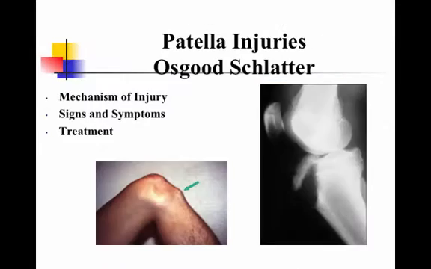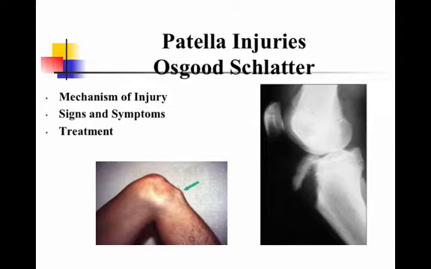Slide 39. Osgood-Schlatter disease is repeated minor avulsions of the patellar tendon where it attaches at the tibial tubercle. The growth plate is also located in this area. This disease is often occurring in growing adolescents, and it can be quite painful.